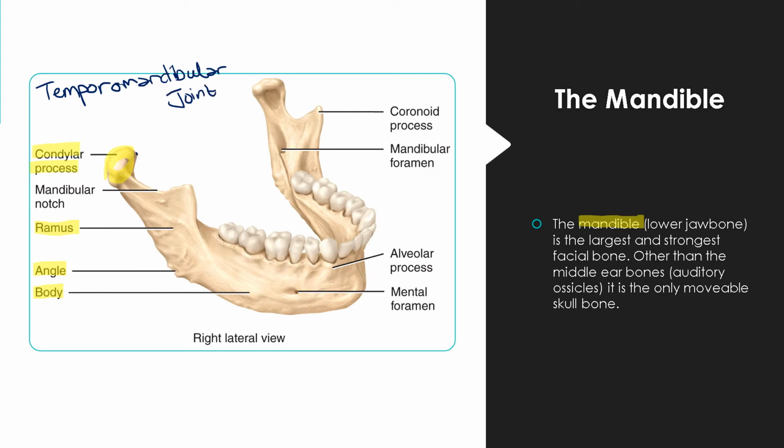So that's the joint that's going to form here by the articulation of the condylar process with the mandibular fossa and the articular tubercle. So this is going to be in the part of the temporal bone.